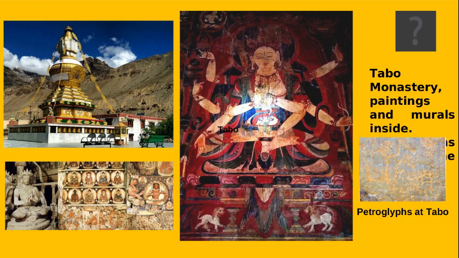Later, the Japanese restored most of the paintings, and they are in good form. It's also known as the Ajanta of the Himalaya. And there are some petroglyphs at Tabo, that is some rock paintings and rock carvings.